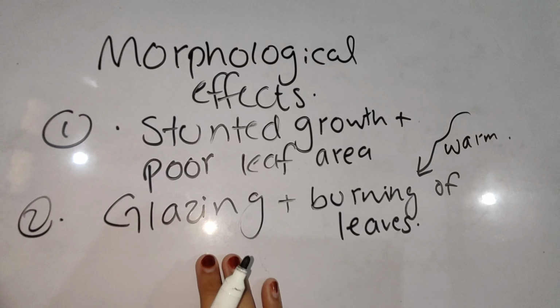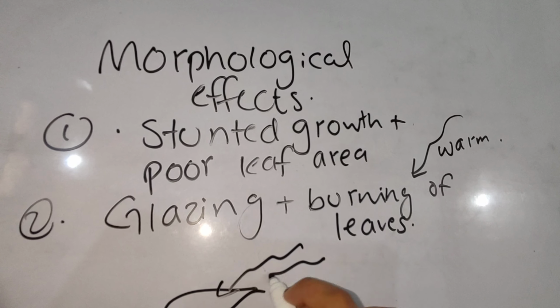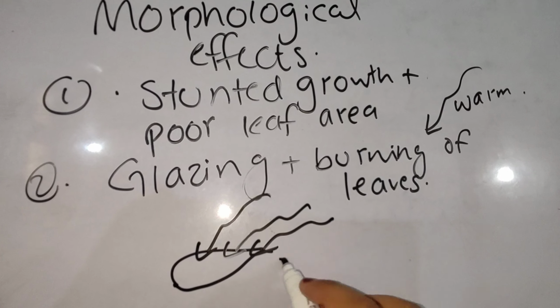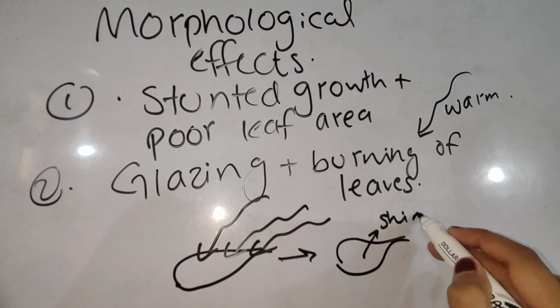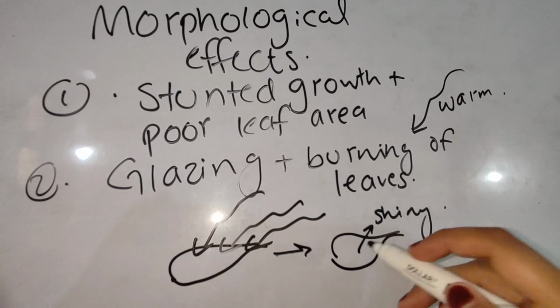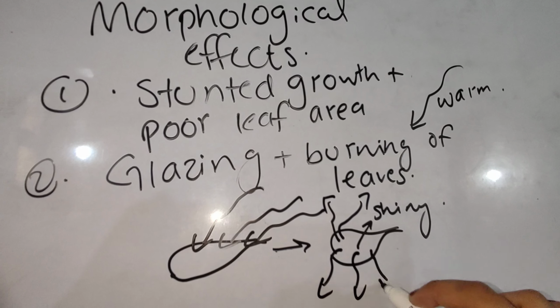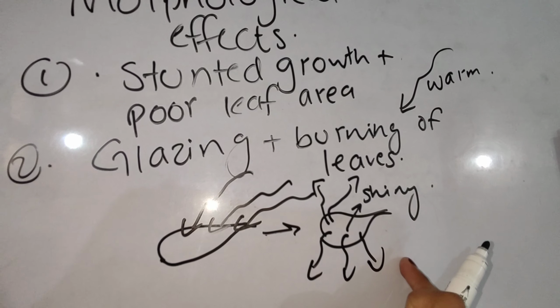Also glazing is something like, when a leaf continuously absorbs UV radiations, that is super disastrous. Then this stage comes when leaves become shiny and start reflecting back the UV rays to protect themselves from warmth. Okay, so this is primarily an adaptation of the plant.